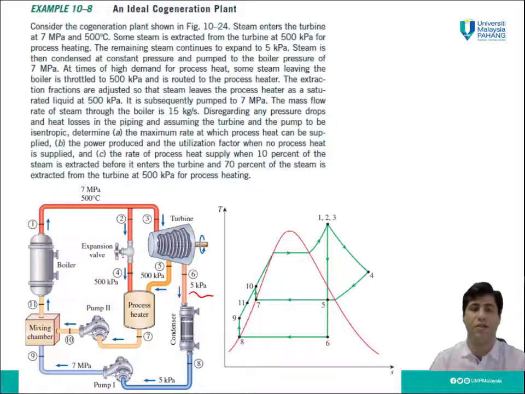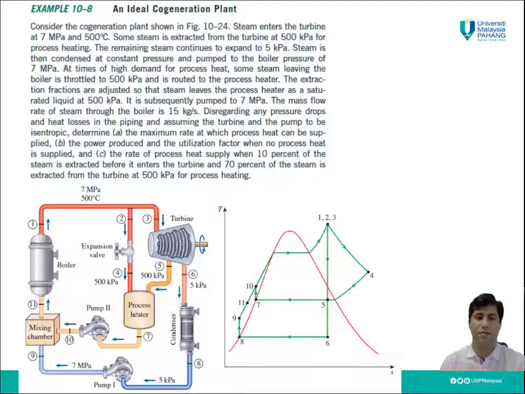So sometimes when we need process heat, we will open this expansion valve and route this amount of the steam to the process heater. The extraction fractions are adjusted so that the steam leaves the process heater as a saturated liquid at 500 kilopascal.